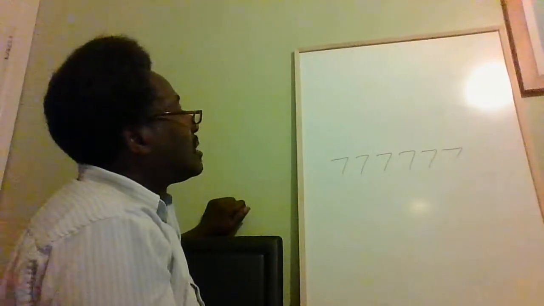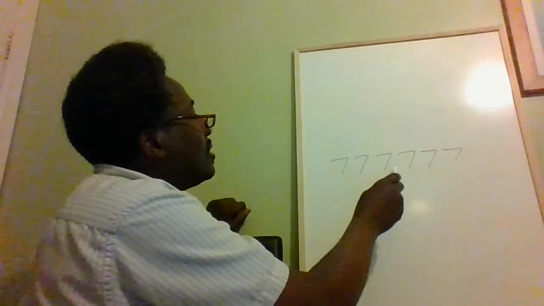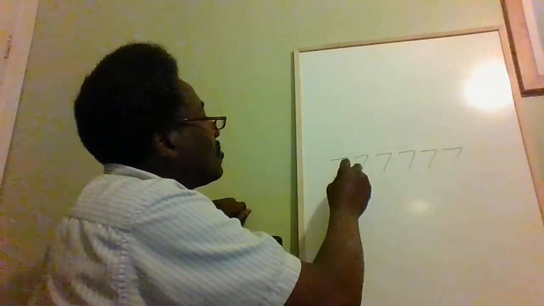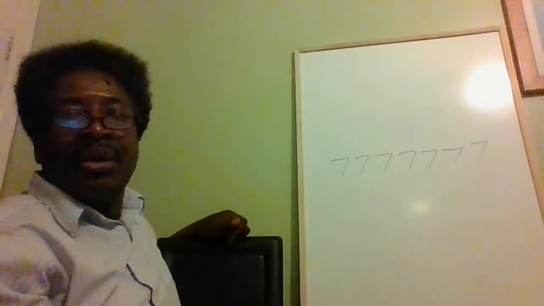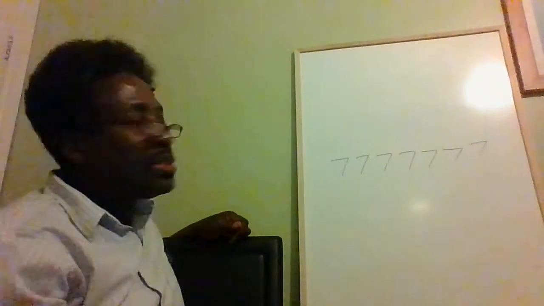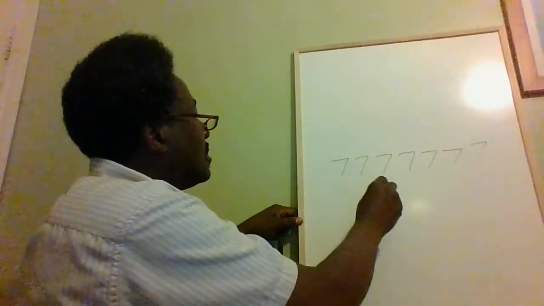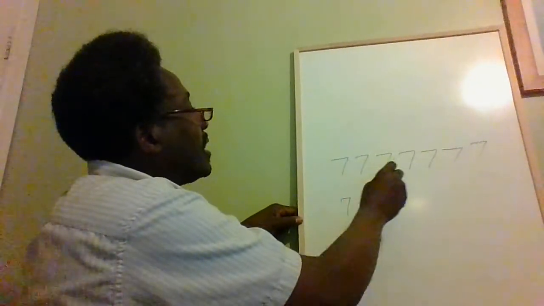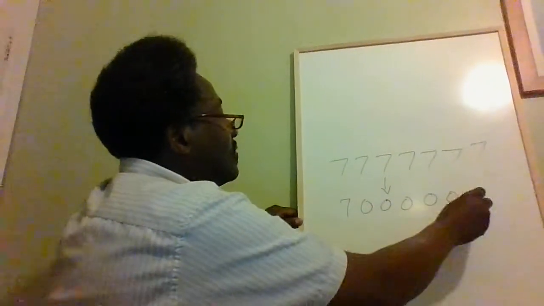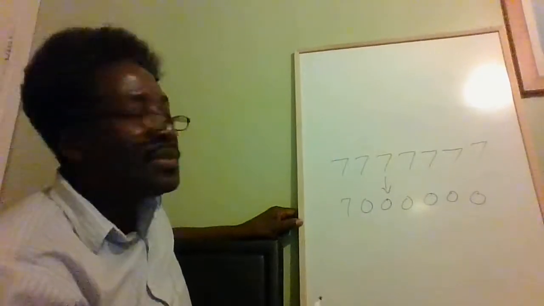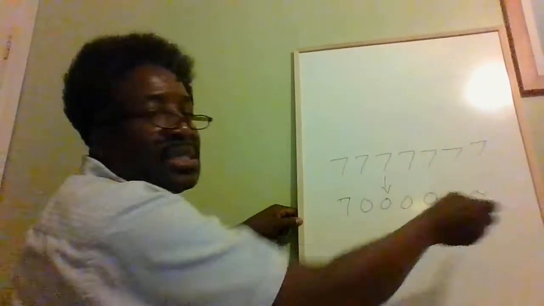Is this a 7-digit number? 1 2 3 4 5 6 7. We want to write that number in words. So keep the first digit 7. Make the other ones 0. 1 2 3 4 5 6. So that clearly is 7 million. Remember, 6 zeros is a million.